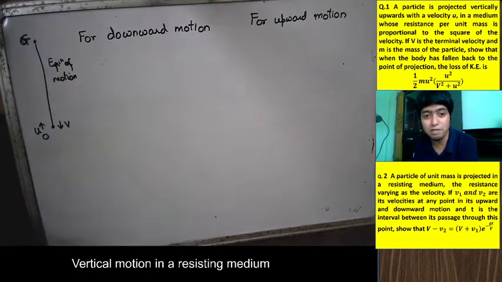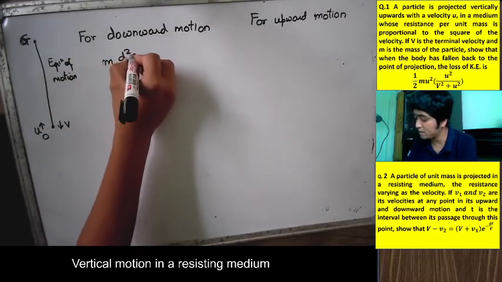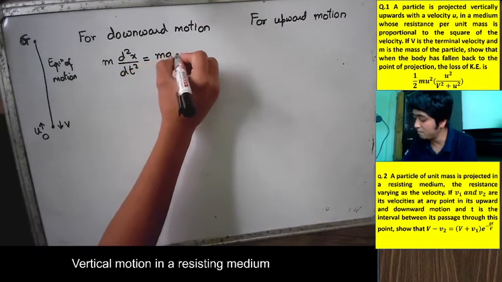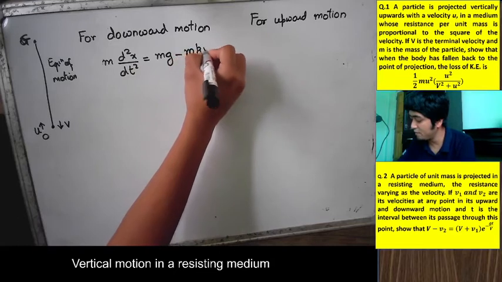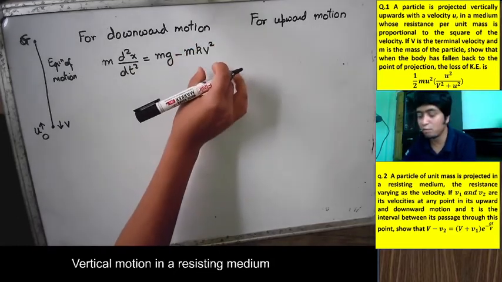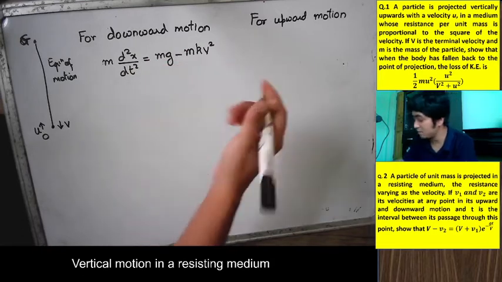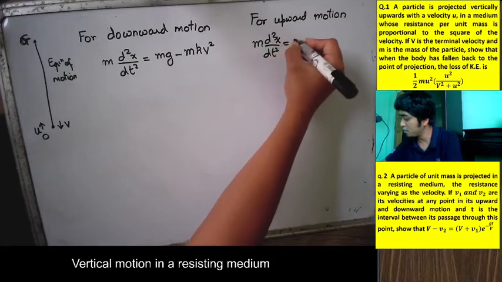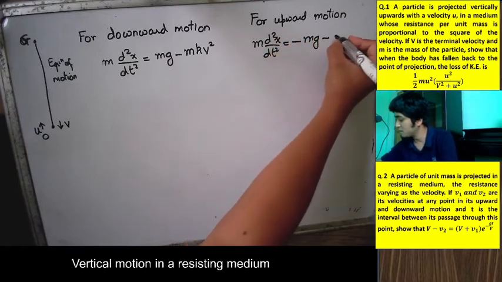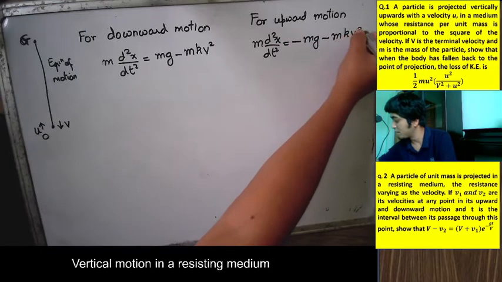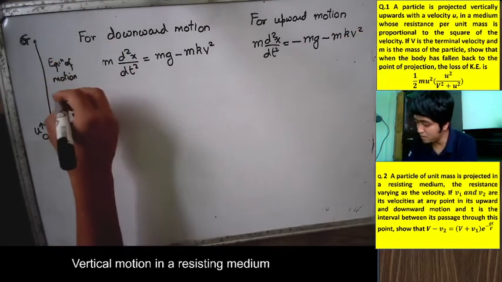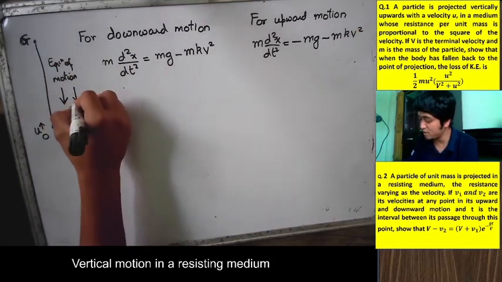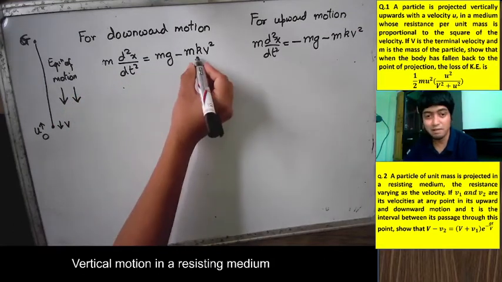for the downward motion it is m d2x dt square equals mg minus mkv square, because the particle is of mass m and the resistance is proportional to the square of the velocity. Similarly, for the upward motion, it will be m d2x dt square equals minus mg minus mkv square. As you can see, for the downward motion, the particle is moving down, gravity is downwards, whereas the resistance is upwards.